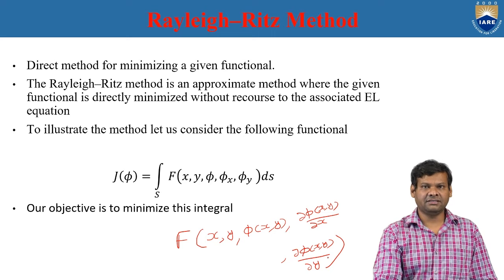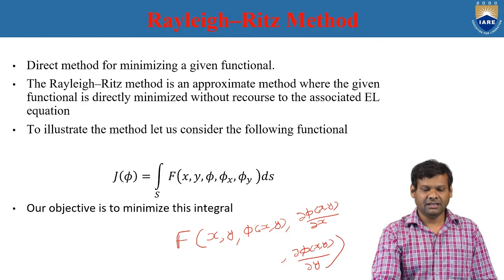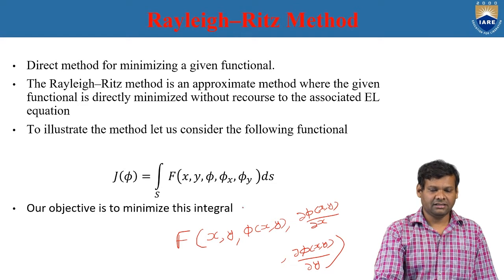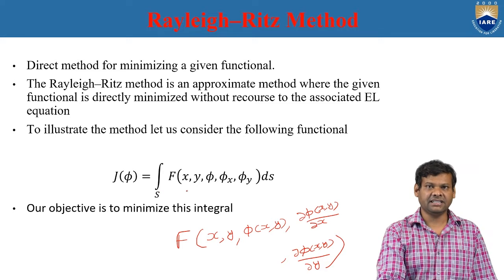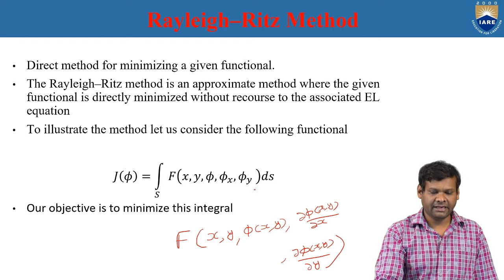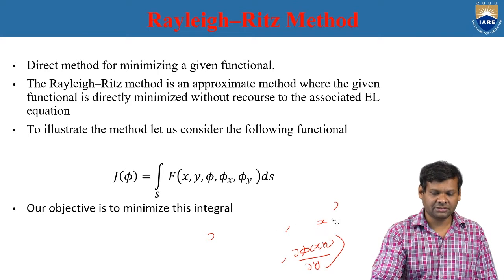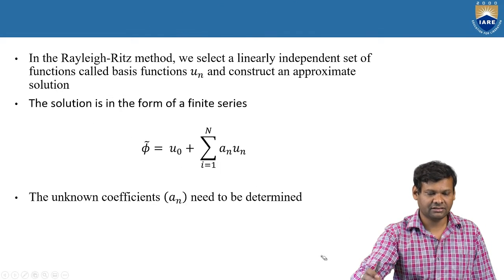If we have a system like this, which is a function of independent variables and also a function of a function, we can write J of phi as the integral over S. It doesn't mean that it's a closed integral, f of x ds. And here our main objective is to minimize the functional J. And let us look at how we do that.